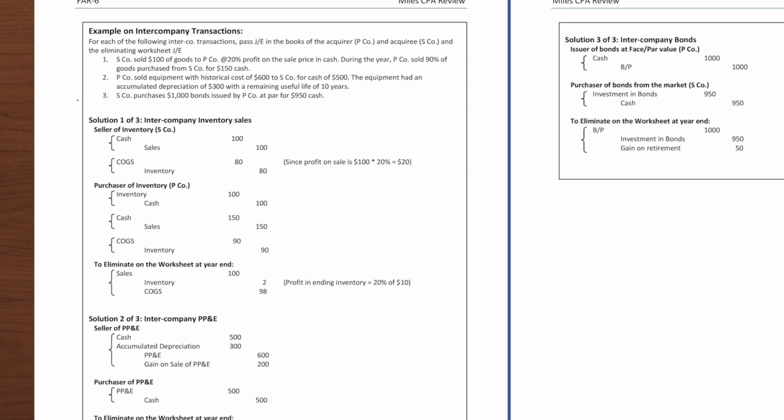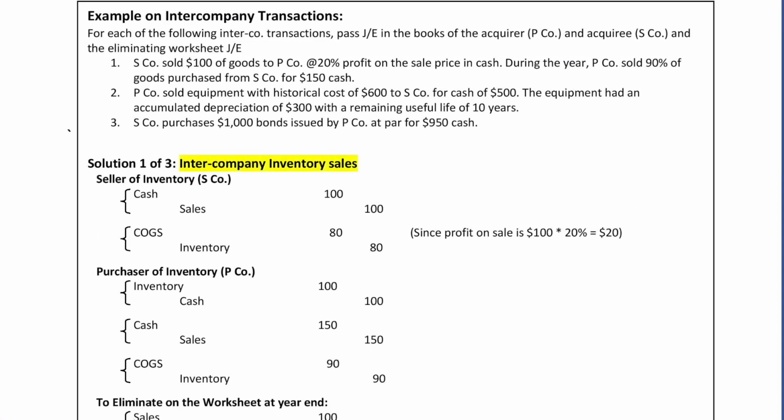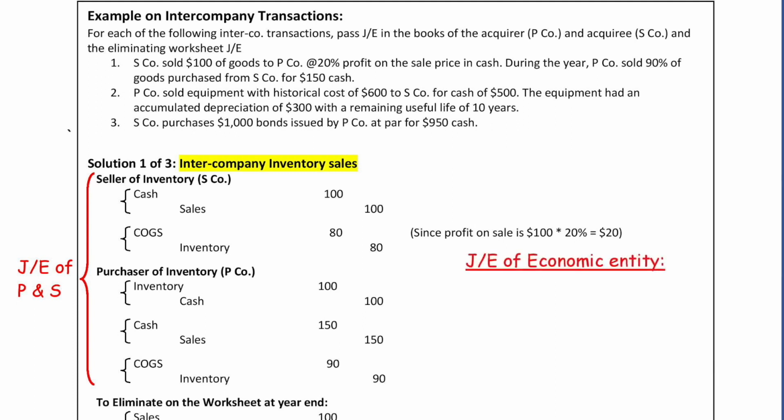Moving on to page 20, highlight intercompany inventory sales. And you have the journal entries in the books of the S company and the P company. So put a bracket there and write journal entries of P and S in the parent's books and in the subsidiary's books. And on the right, write journal entry of economic entity.